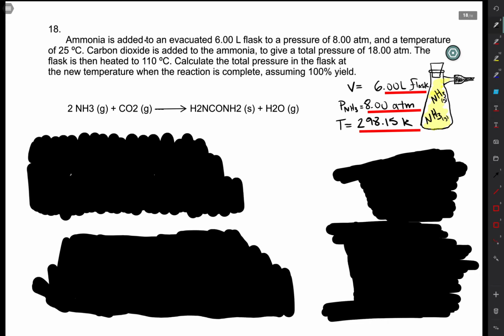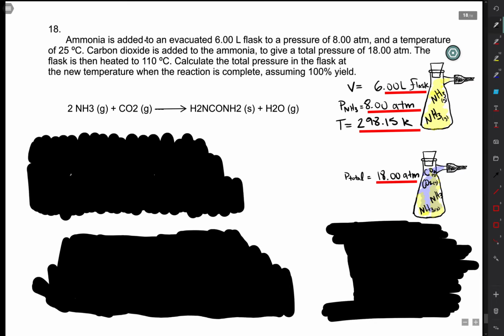The pressure is 8.00 atmosphere, and the temperature is 298.15 Kelvin. Then we added carbon dioxide to our mix. This gave us a total pressure of 18.00 atmosphere.